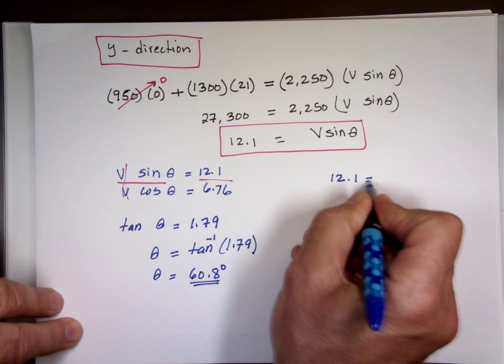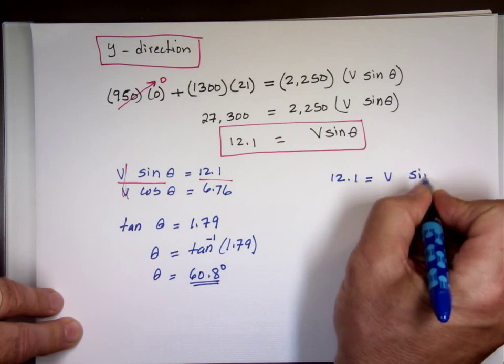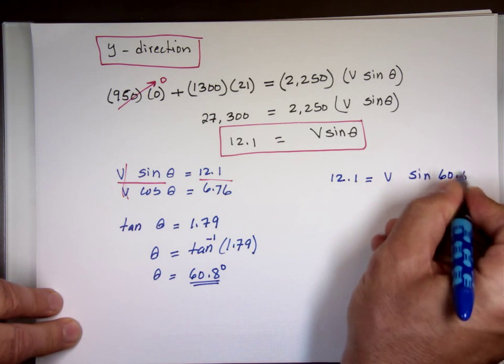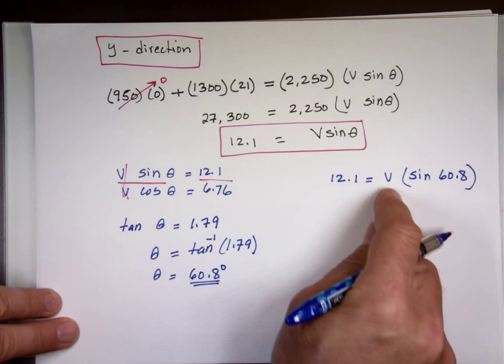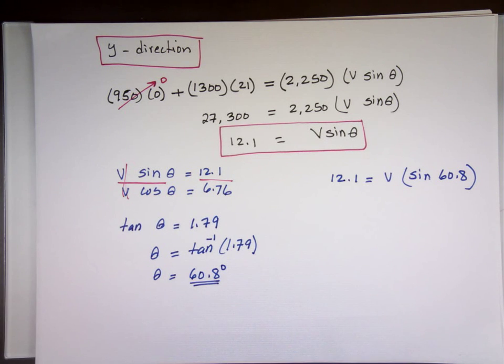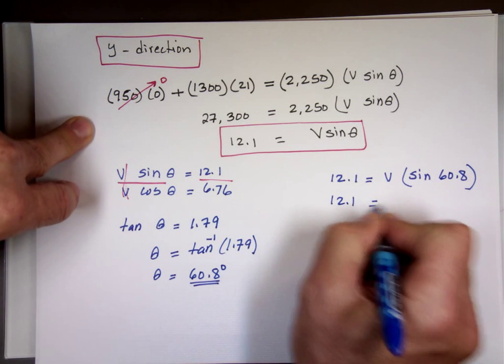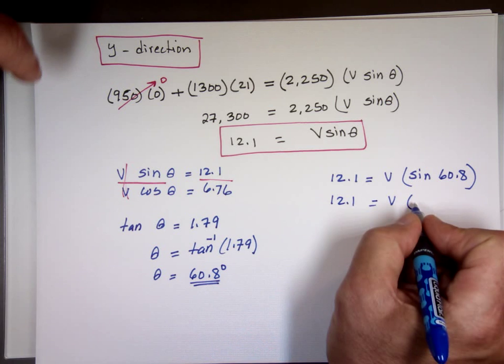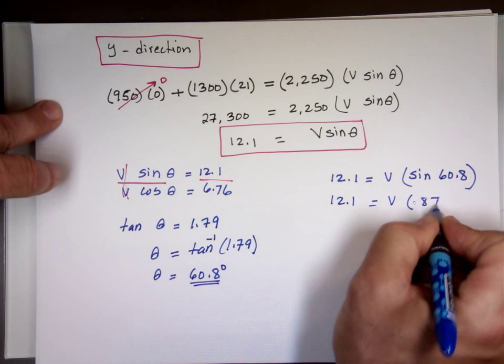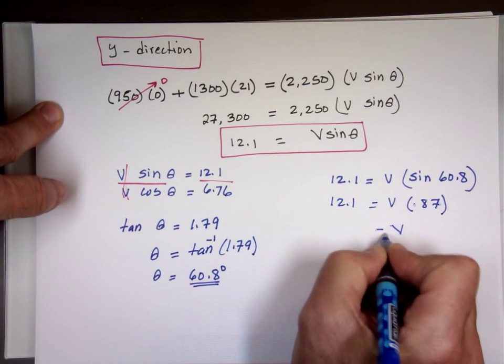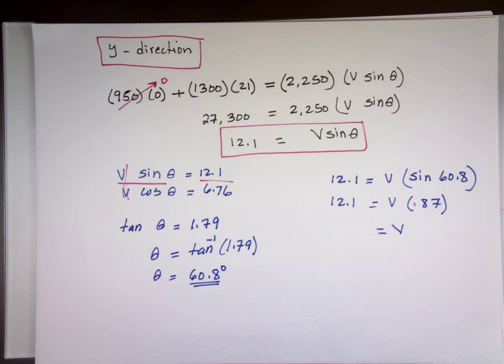Sine of 60.8. I took that equation to solve for V. So take the sine of 60.8. 12.1 equals V times 0.87. So what is V equal to? 12.1 divided by 0.87. 13.9 meters per second.